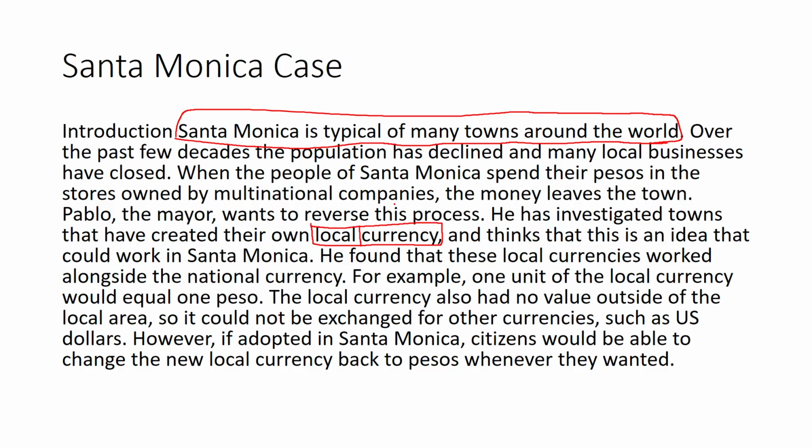However, after creating the local currency, some problems appeared. So these problems are that, first of all, of course, you need some printing machines and you have some expenses to print this special local currency.